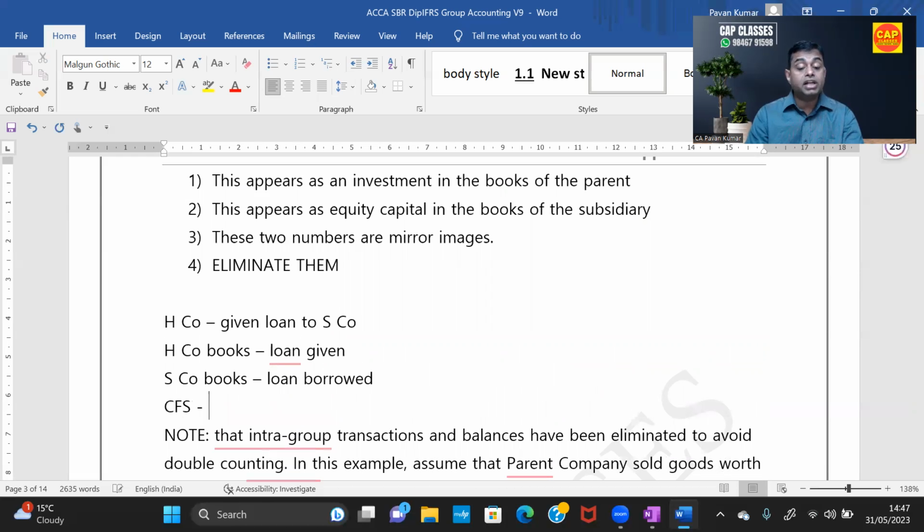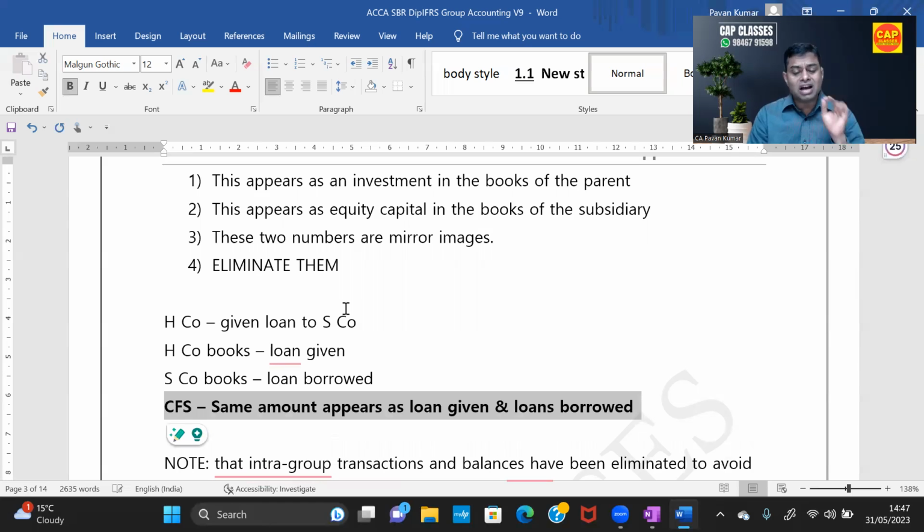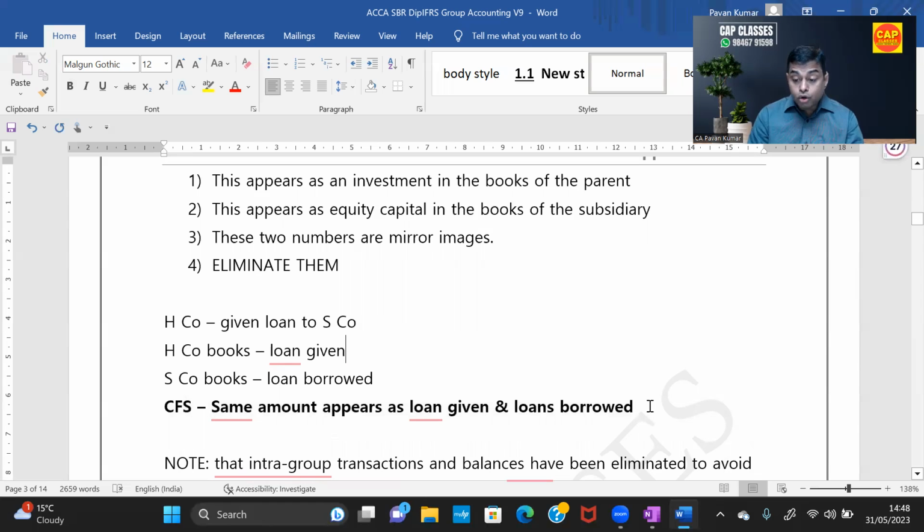Now, when you prepare the consolidated financial statements, the same amount appears as loan given and loans borrowed. How awkward, how weird, how ridiculous this is. Isn't it stupidity? You are saying, I have borrowed money. From whom? Myself. I have given a loan. To whom? Myself. That means I have to pay $1 million to me. I have an asset, I have a liability. What is that? My own money. Don't you think it is the height of stupidity?